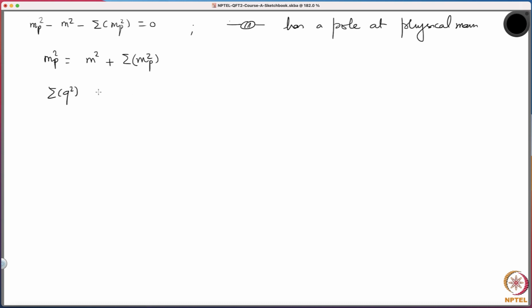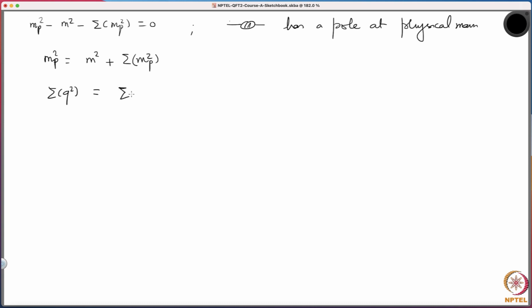Let's take sigma q square and do a Taylor expansion around m square.